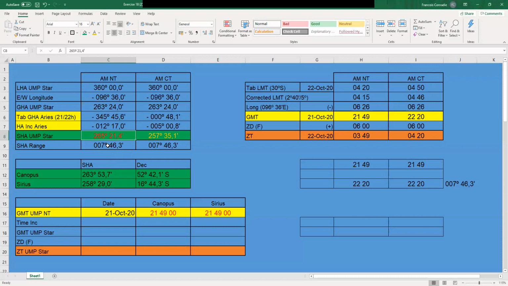Which means again we have a fraction. Does everyone see that? So from there to there, we have 1°27.7' out of a maximum of 7°46.3'. So that is also going to give us a fraction.